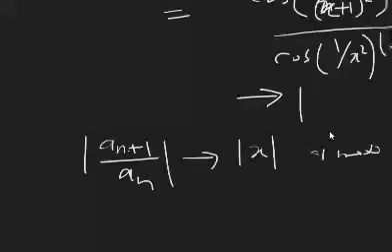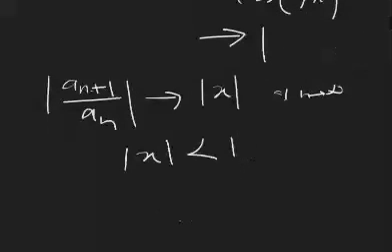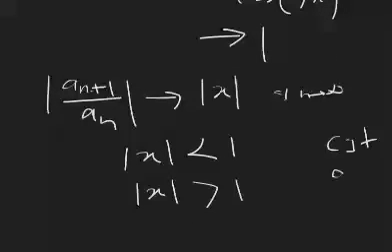That means when modulus of x is less than 1, that power series is convergent. If modulus of x is greater than 1, that power series is divergent.